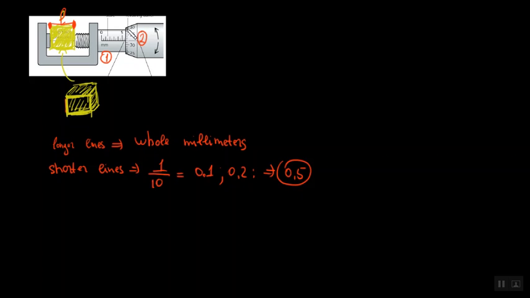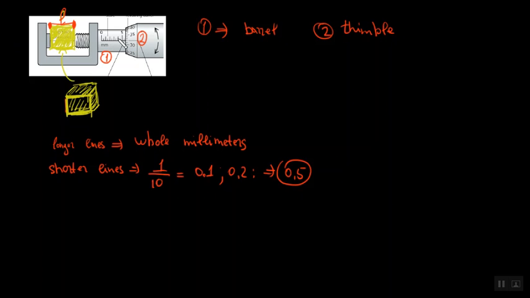Some part of this barrel will be underneath the thimble, so I have to read the last reading of this horizontal scale, the barrel. Let me write it over here. The first one is the barrel, and the second one is, again, the thimble.